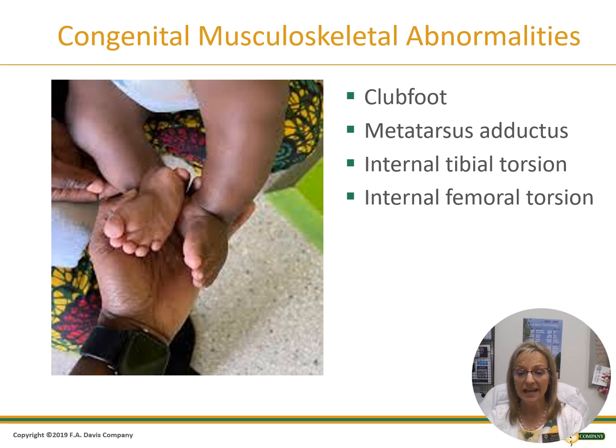If the serial casting doesn't work, they do often have to do surgery, and that's where they release the tight muscles or scar tissue formation. They can do tendon transfers. They can align bony fragments to reposition a deformity.